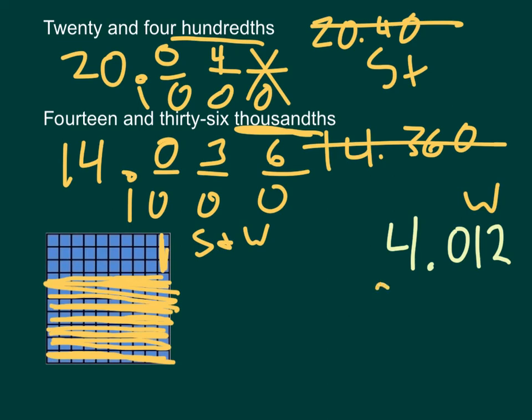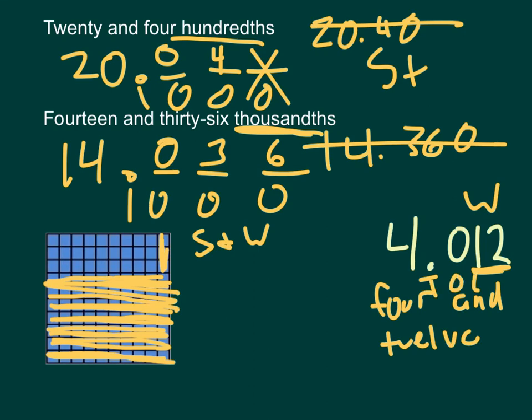Over here, I've got 4, that's my whole number, and to represent the decimal, I see I have a 12 there. And when I put in my 1000 underneath, the 12 ends in the thousandths place, so that would be 12 thousandths.